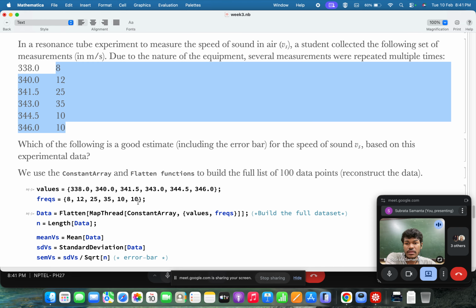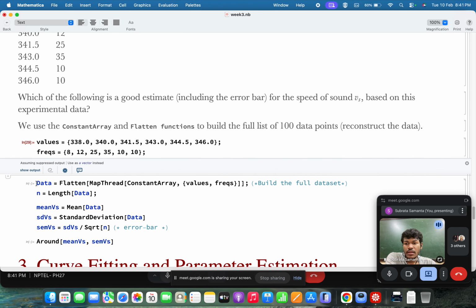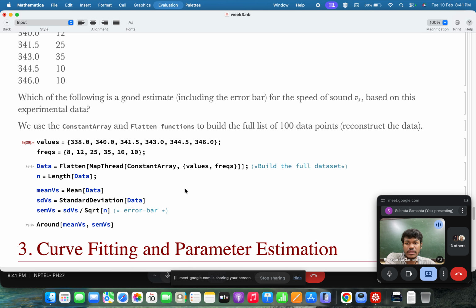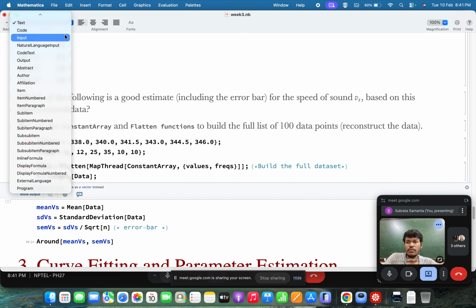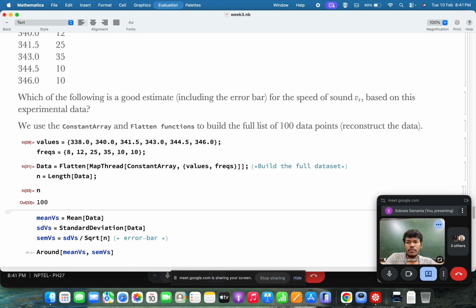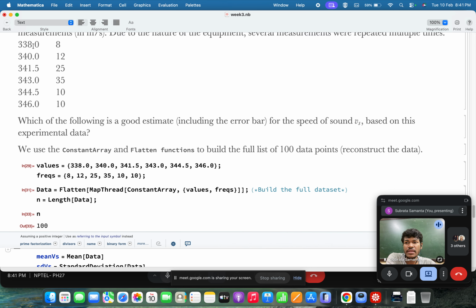So, I assign the corresponding frequencies. So, I have a total of, how many data? You can just check this: 100 data, right. But 338 appears 8 times.